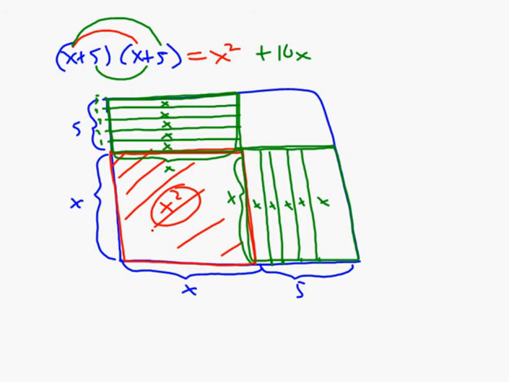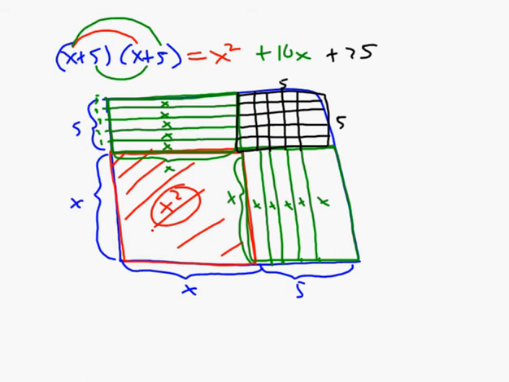And then lastly, if we look up in this upper right-hand corner, we bring all these lines across, and we bring these lines up, you create another square. And that square is 5 by 5, or plus 25. And that's a geometric way or an area way to look at multiplying polynomials.